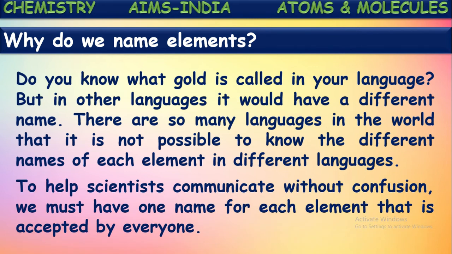So to help scientists communicate without confusion, we must have one name for each element that is accepted by everyone. For every element, there should be a name which is convenient, which avoids confusion, and which is accepted by everyone. In such a way, a name should be given for every element.